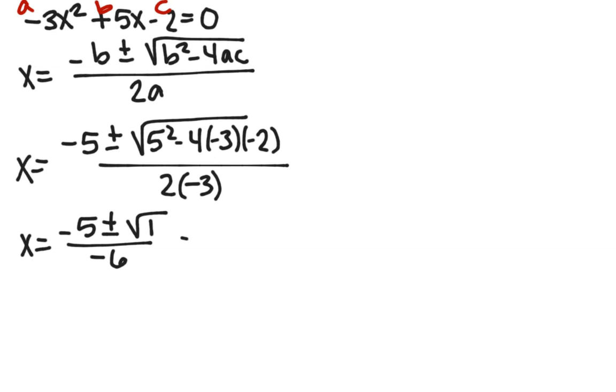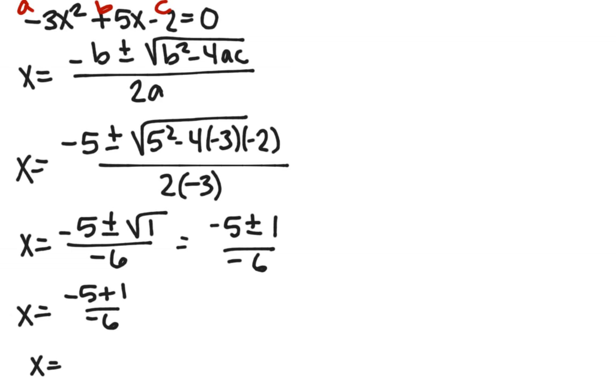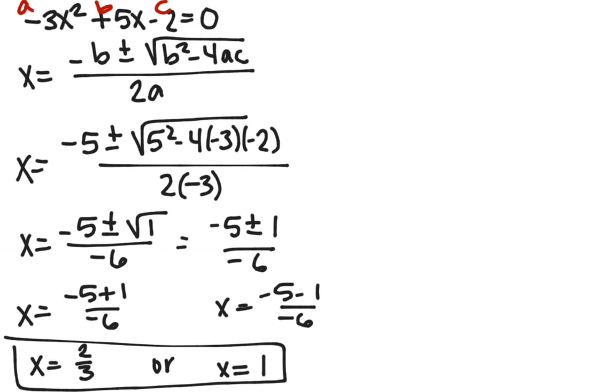So that is negative 5 plus or minus 1 divided by negative 6. We have negative 5 plus 1 divided by negative 6, which is negative 4 divided by negative 6. Simplified, that's 2/3. Or I have negative 5 minus 1 divided by negative 6. That's negative 6 divided by negative 6, which is 1. So there are my two answers.